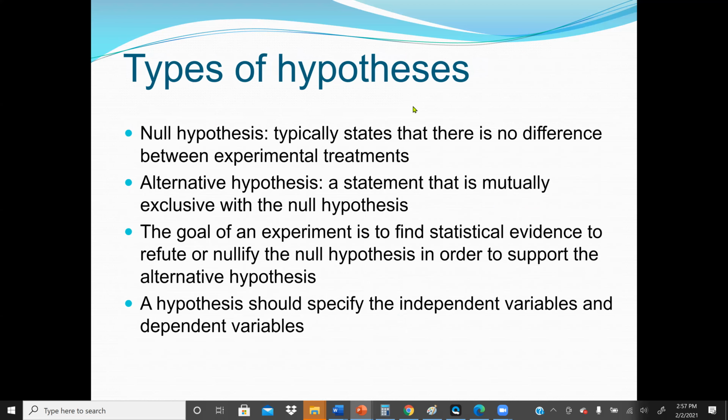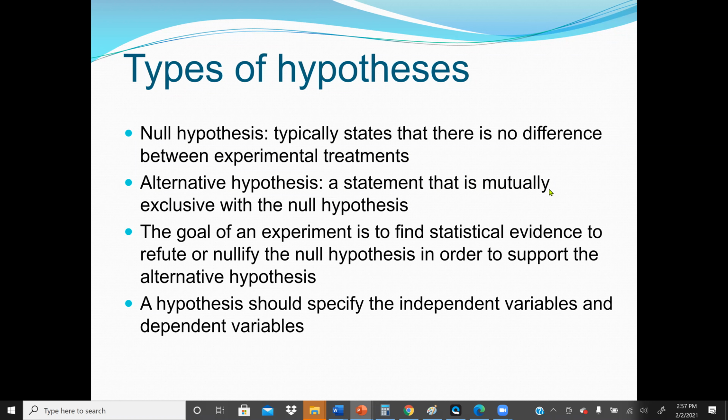So types of hypothesis, we mentioned the null hypothesis. That is the claim. So here we say there's no difference between the experimental treatment. Null hypothesis typically states that there's no difference between experimental treatment, which is the known fact, the claim that we know previously. Then alternative hypothesis, a statement that's mutually exclusive with the null hypothesis.